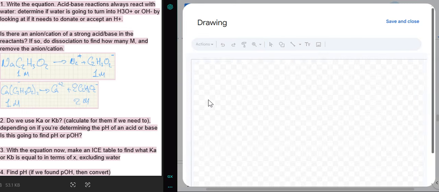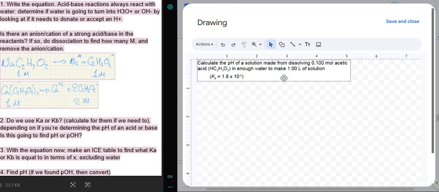So for this question, we do step 1, which is to write the equation. And acid-base reactions are always something with water. So what will we have for the reactants? It would be this and water.